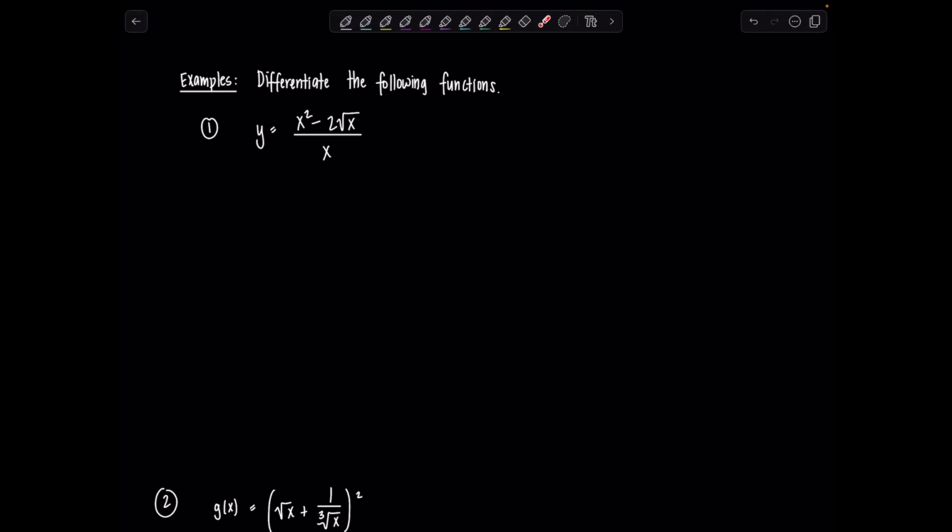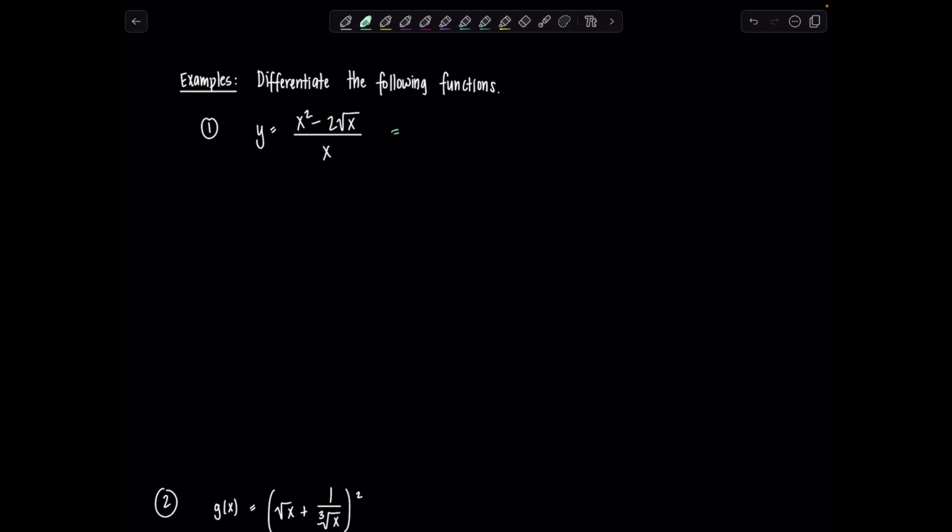Differentiate the following functions: y equals x squared minus 2 rad x over x. Now, I'm not going to use the quotient rule because I'm noticing in the denominator, I just have one little x, and I can actually clean this guy up and just take the derivative directly. So I don't want to use product rule, quotient rule, all the fancy rules unless absolutely necessary. And it's not necessary right now.